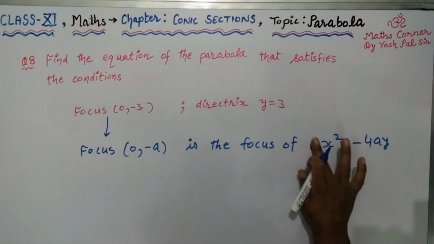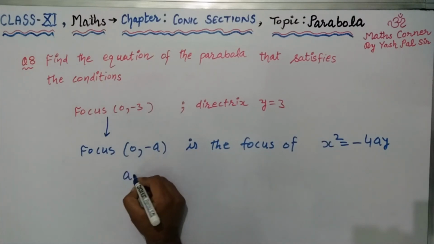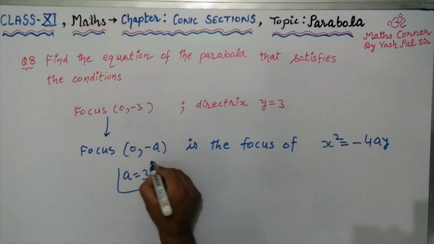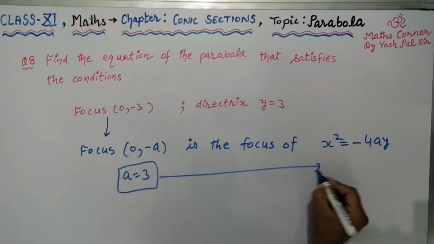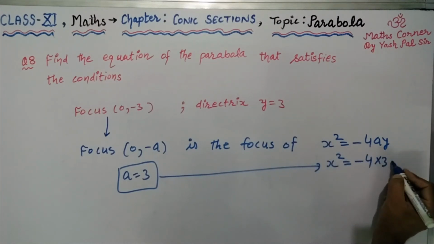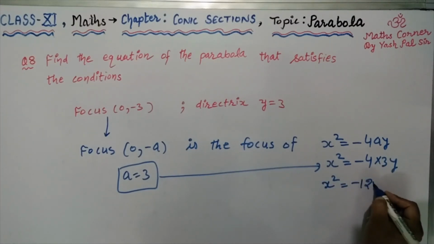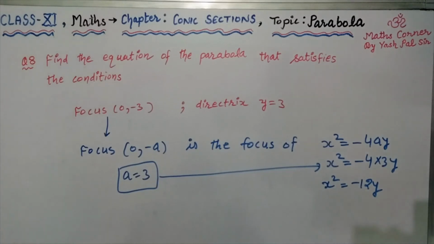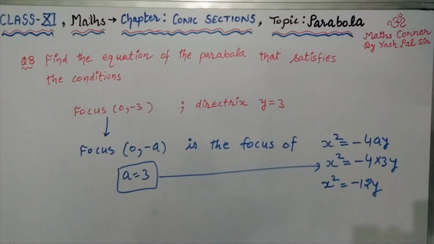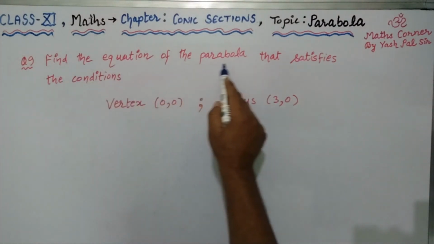What is the equation of the parabola? x square is equal to minus 4ay. So the value of a is 3. Just substitute this value here. x square is equal to minus 4 into 3 into y. So x square is equal to minus 12y is the required equation of the parabola. Now next question.